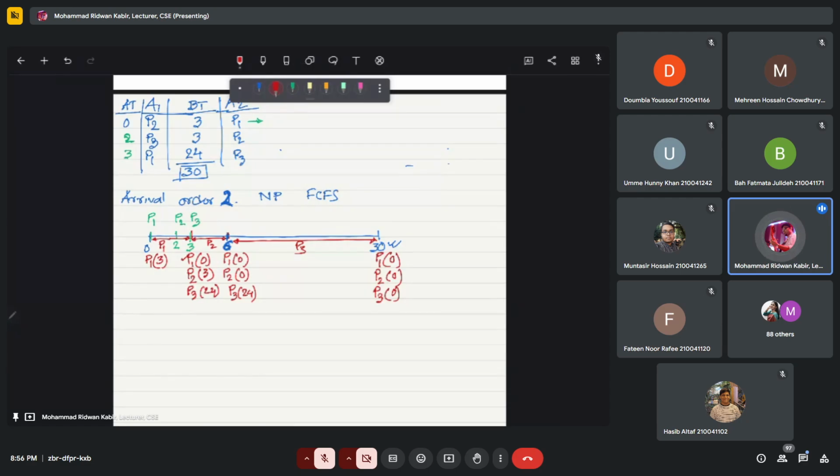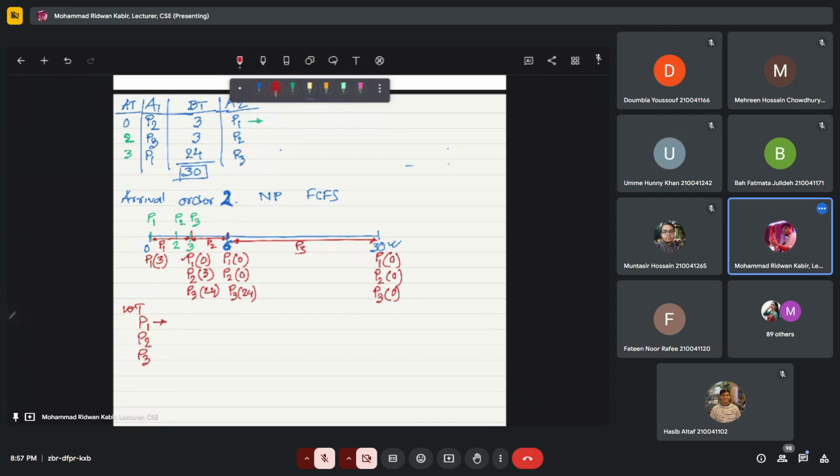Now, let's try to calculate the waiting times for the respective processes. Okay, so we have P1 first, then P2, and then P3. What is the waiting time of P1? 0.